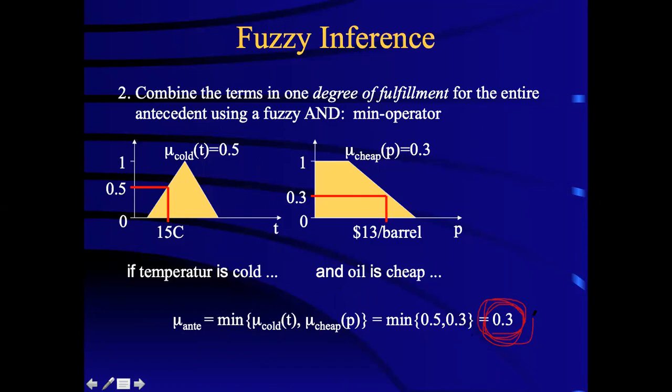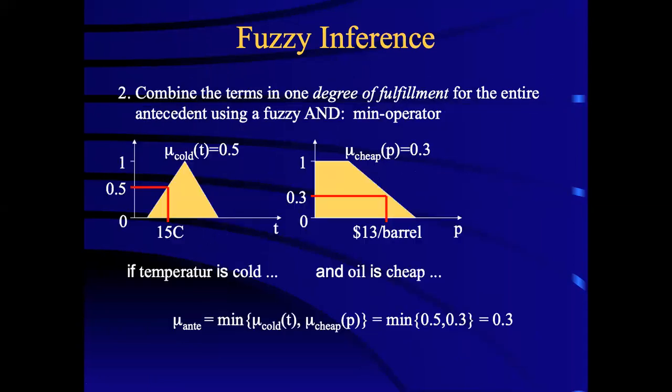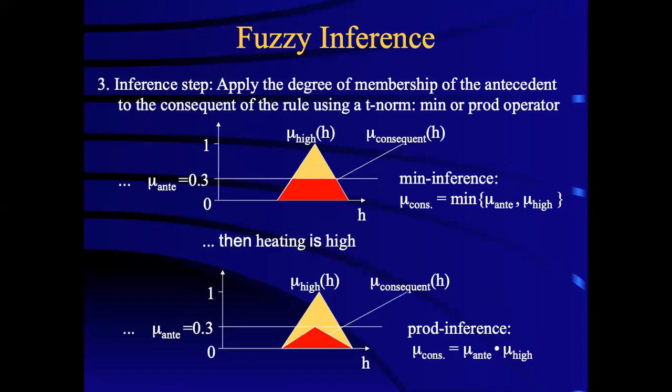The output variable is heating levels. So let's say the rule says that if the temperature is cold and oil is cheap, then heating level is high. Now you have to see that in the rule you have heating level high, the combined input membership value is 0.3, so you apply an alpha cut on the membership function for high heating.